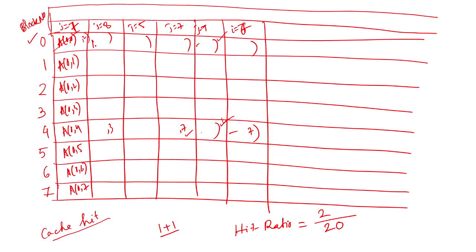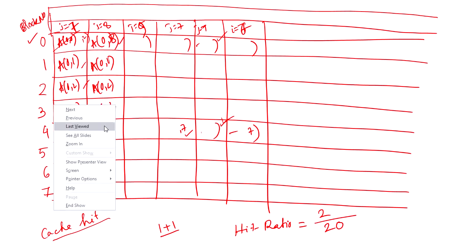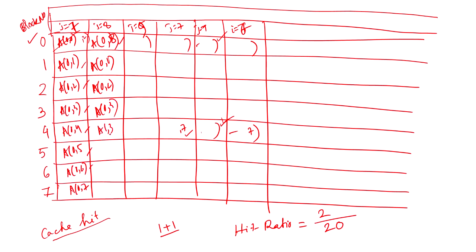So this will be A08 and all the others remain the same, I am not writing them here. Ideally A01, A02, A03, A04, A05, A06, A07.